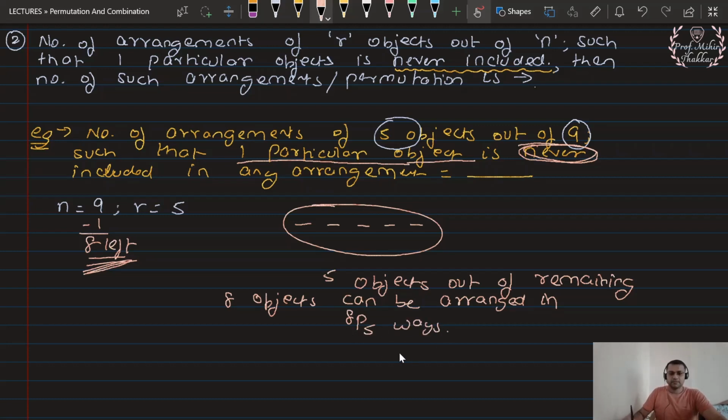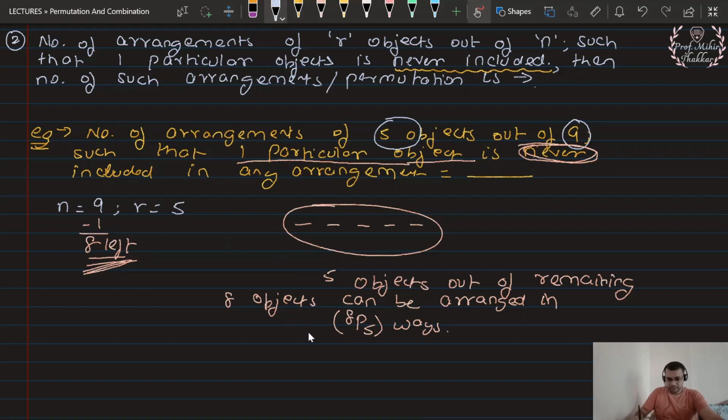8P5 ways. Whatever the numerical answer is, we don't worry about the numerical value; you can adjust that according to your option. We are more interested in the formula and the general case.